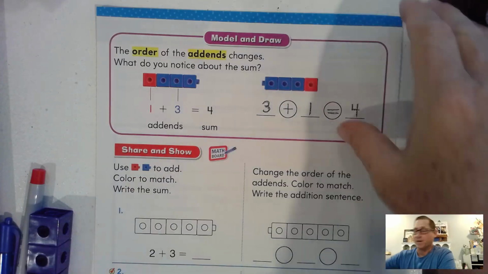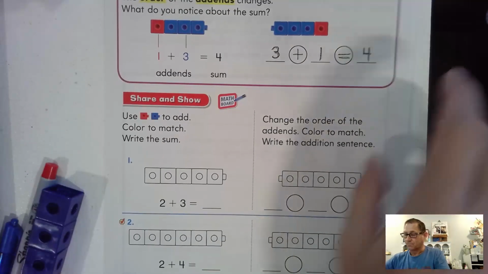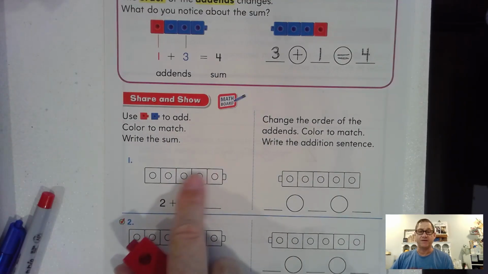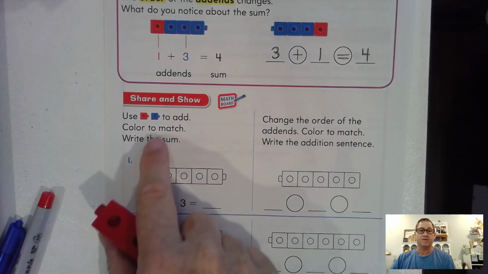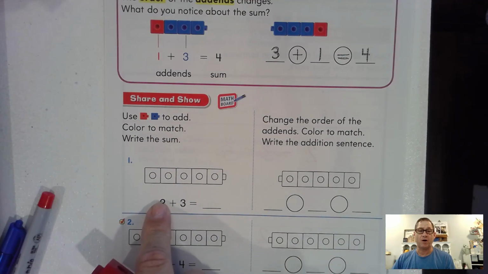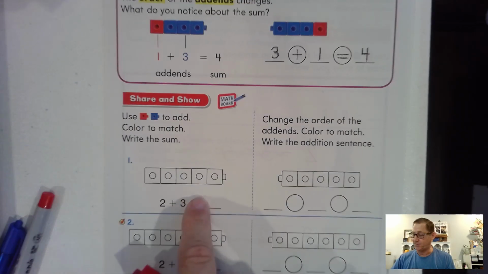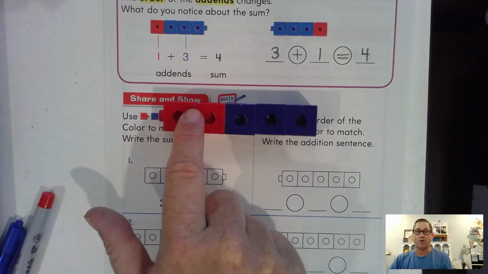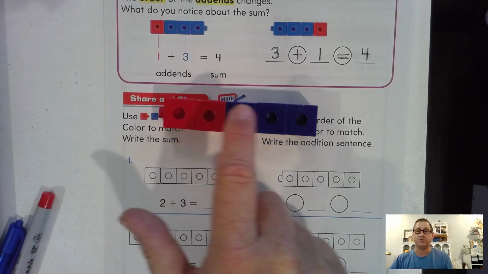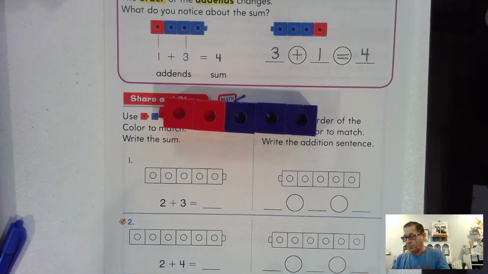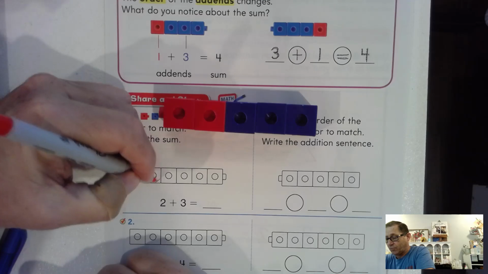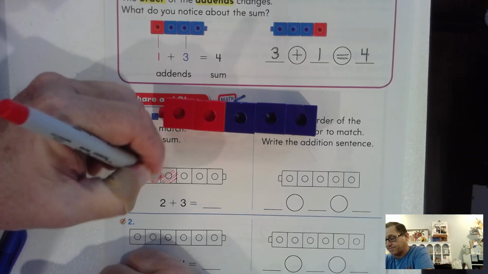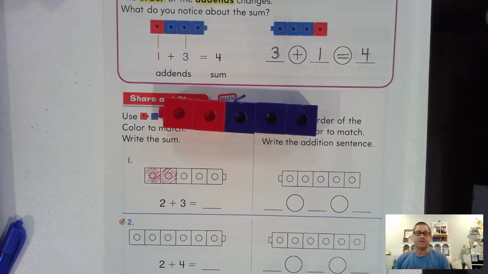Now use your cubes, and we're going to color these cubes to match the problem. 2 plus 3. Well, I have 2 plus 3 from our warm-up problem. It really doesn't matter which color you choose to start with. You just have to model it.